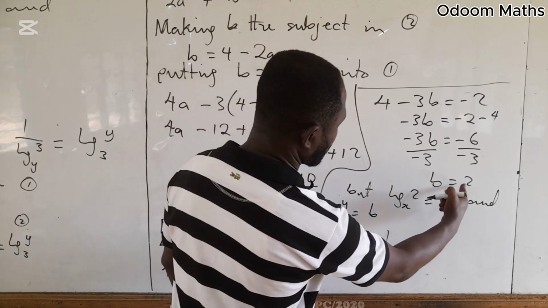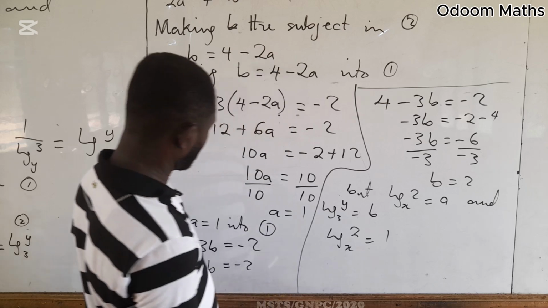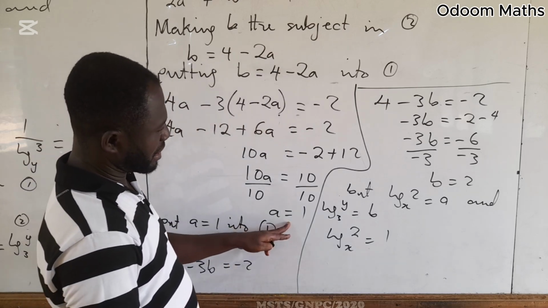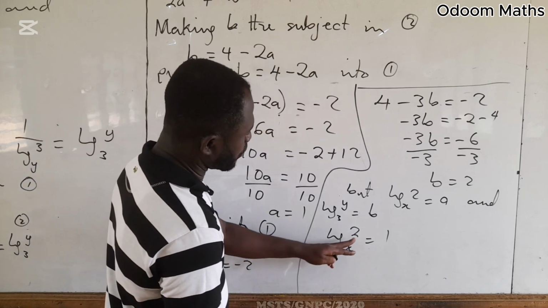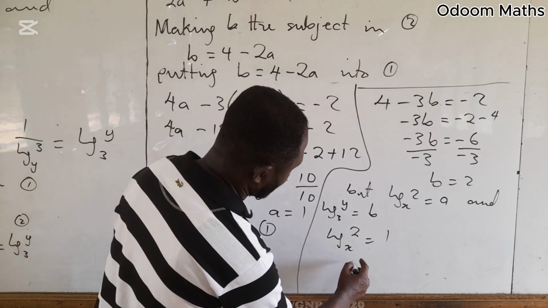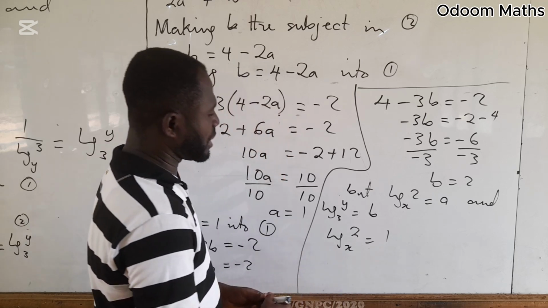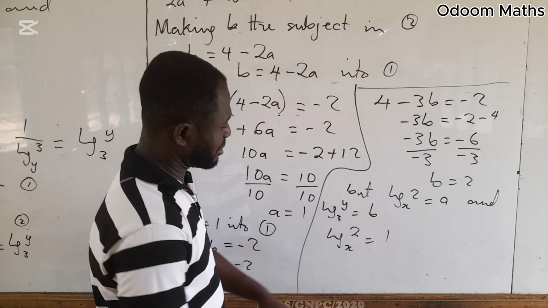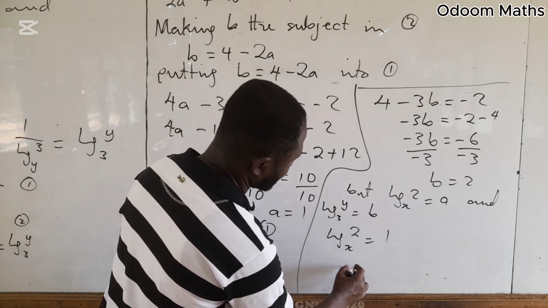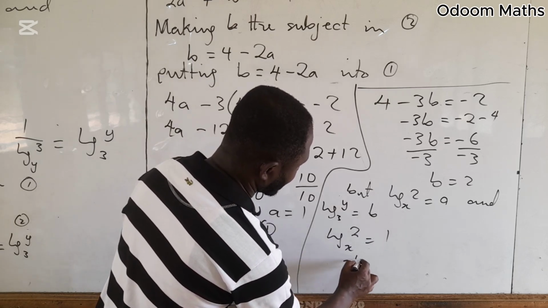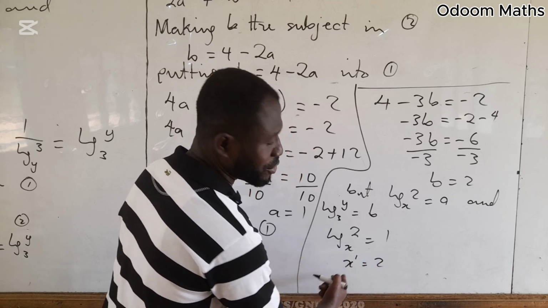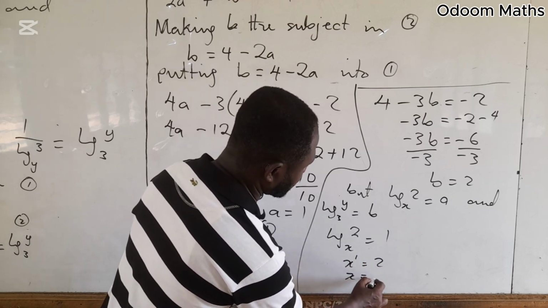Now we change this to indices, so this base should become a base here. It means x to the power 1 is equal to 2, and any number to the power 1 is the same number. So x is equal to 2.